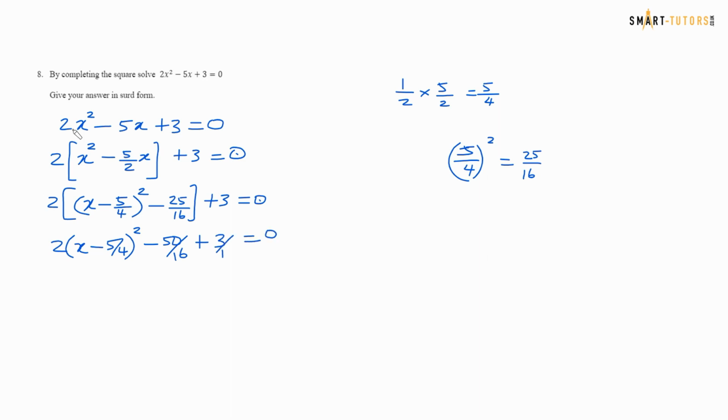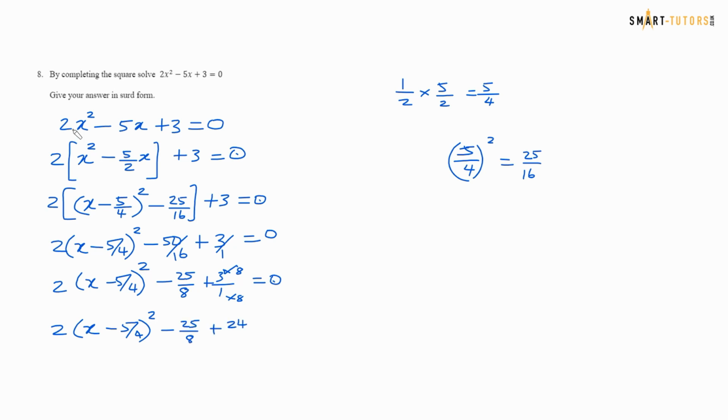So 3 upon 1. So 2(x minus 5 over 4) whole thing squared, minus 25 over 8, plus 3 upon 1. I'm going to times both sides by 8, top and bottom, equals 0. So 2(x minus 5 over 4) whole thing squared, minus 25 over 8 plus 24 over 8 equals 0.